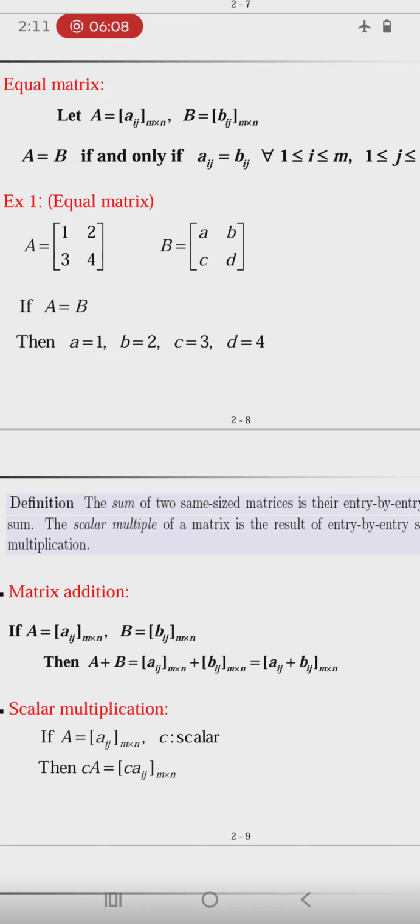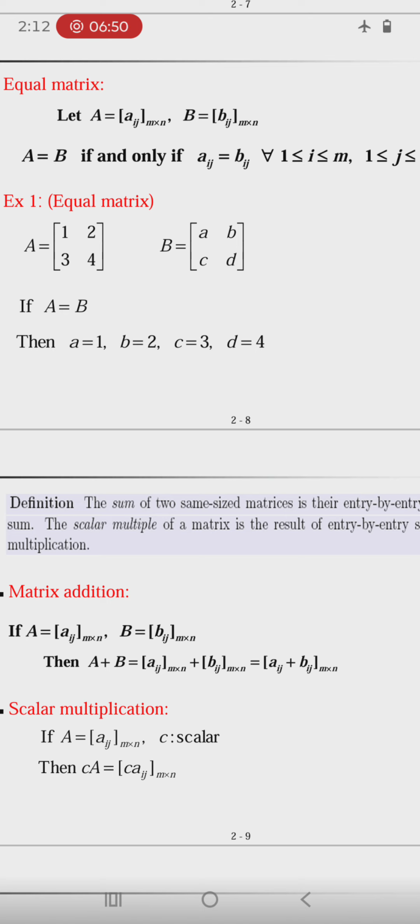A and B are two matrices given. The matrix [aij] is capital A, the matrix [bij] is capital B. Adding the two matrices, A plus B equals the matrix [aij plus bij], with order m by n. Matrix addition means matrices of the same order are added. Matrices of different orders are not applicable for addition.